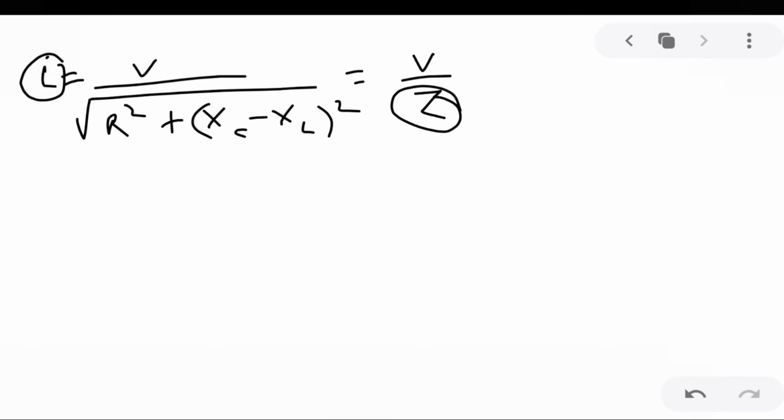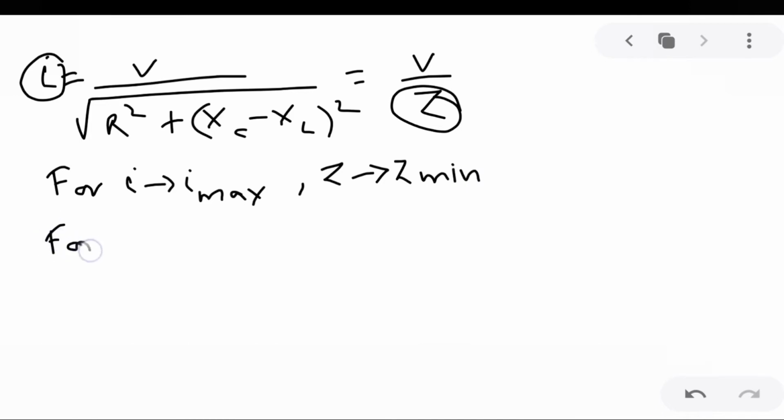For current to be maximum, I max, the impedance Z should be minimum. For XC equal to XL, this quantity will become 0, so impedance will be minimum and current will be maximum.